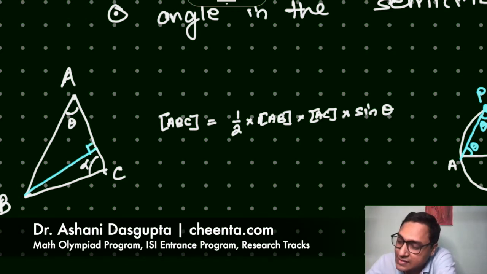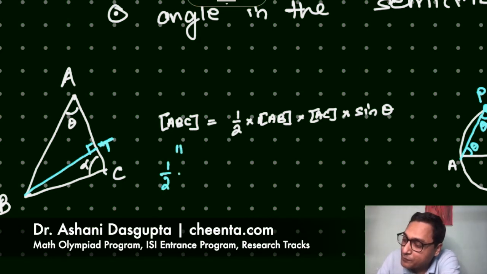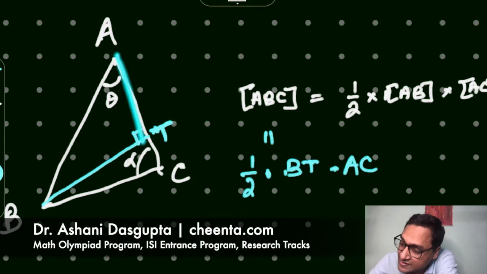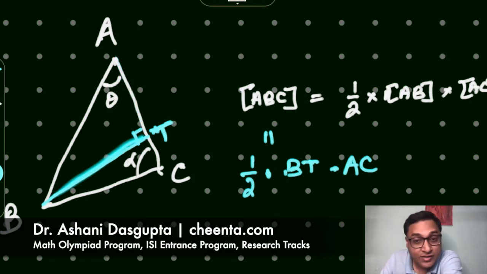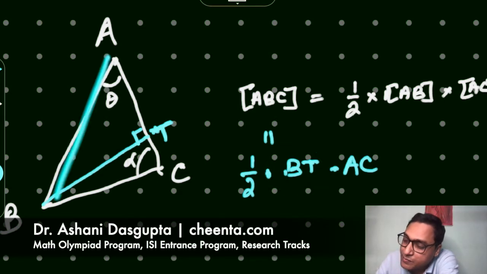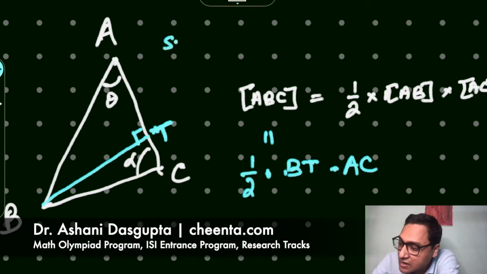So let's call this point T. The area of the triangle is half of BT times AC, right? Half base, which is AC, into height, which is BT. Now BT can be expressed in terms of AB and theta. So what is sine of theta?